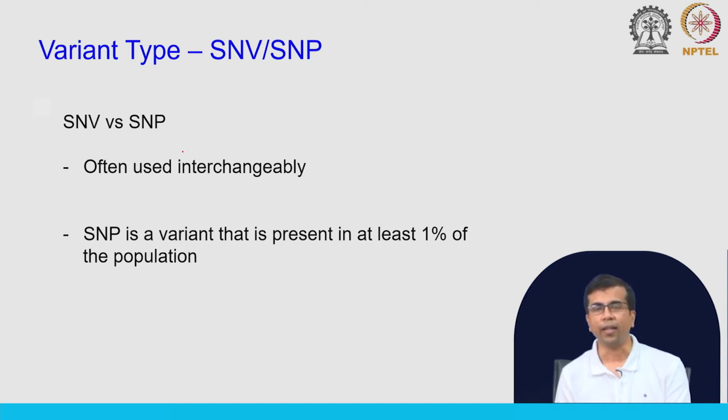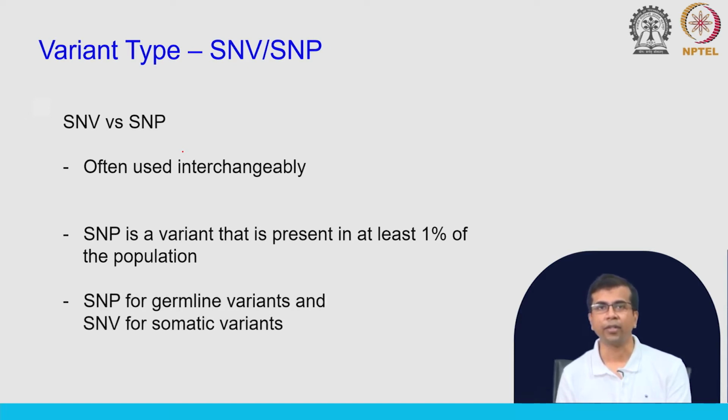But on the other hand, there is another convention. SNP is used for germline variants and SNV is used for somatic variants. What are these germline variants, somatic variants? We will discuss in a moment in the next slide. But again, how do you know which meaning is being used? This is something you would have to ask the person who is using these terms.